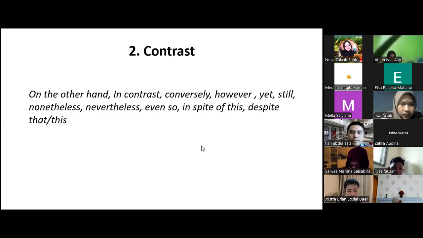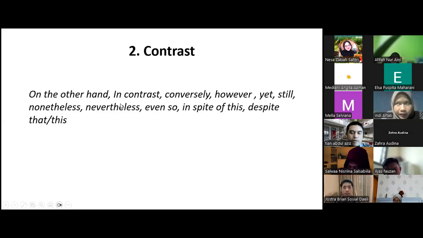Okay, the next explanation is about contrast. We are going to use these connectors when the second sentence is different from the first sentence.